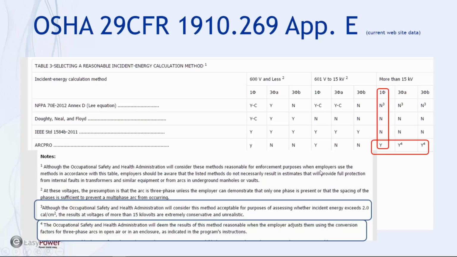So it's kind of backwards from the way EasyPower has done things. We have the ability to predict three-phase in a box, but we're too conservative at the higher voltage and incident energy level. So how do we go to the model I just gave you?